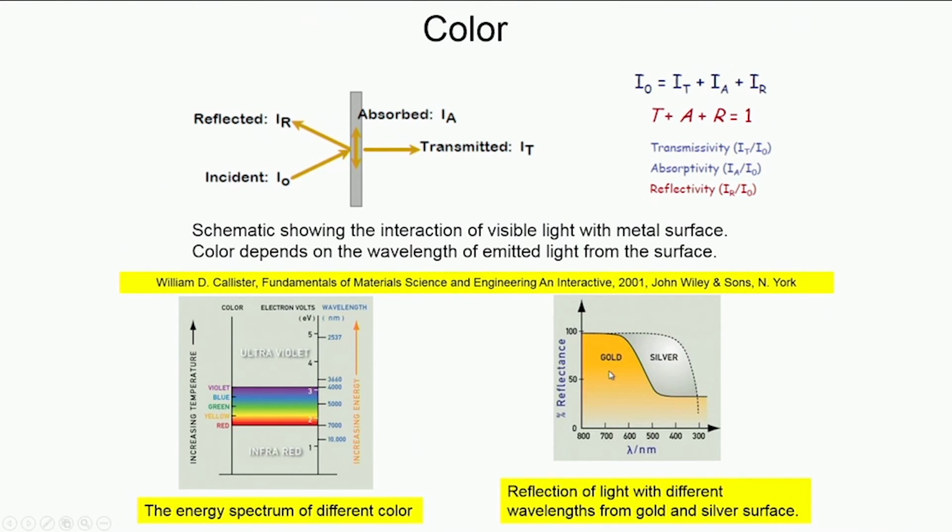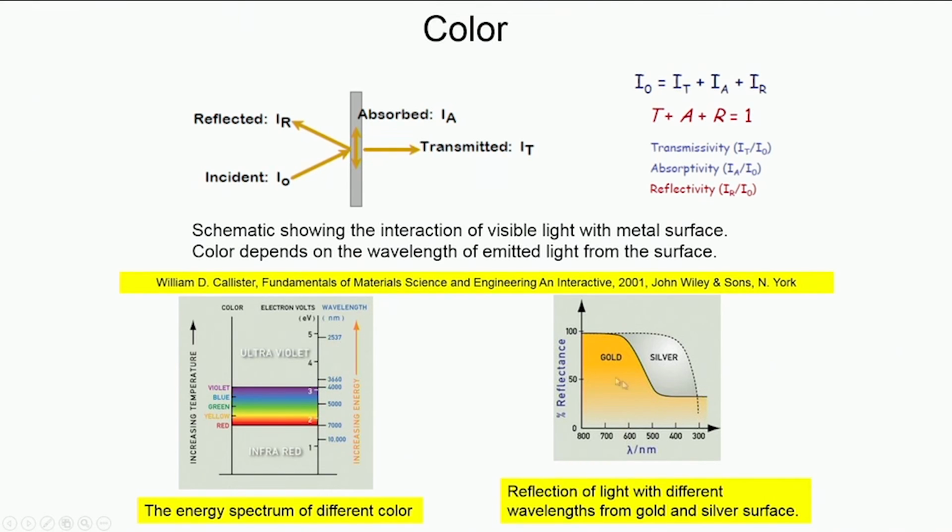You will find that gold is mostly yellowish in nature, with a wavelength in the range of 6000 to 6500 angstrom. On the other hand, silver and iron reflect most of the energies.